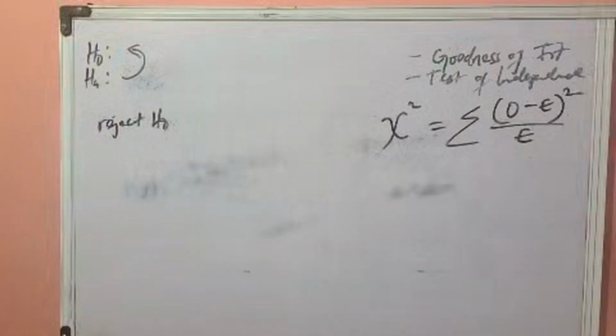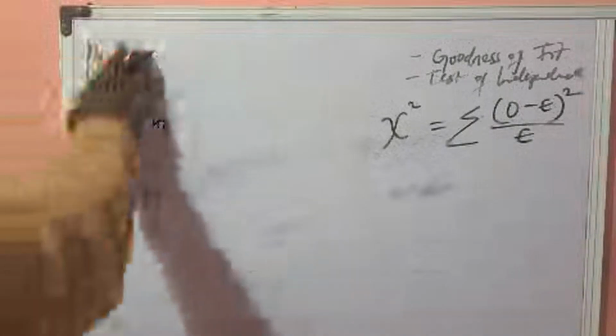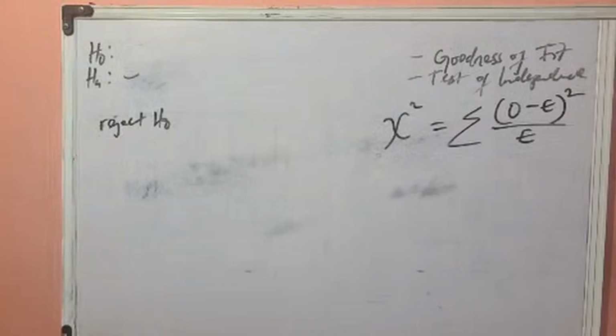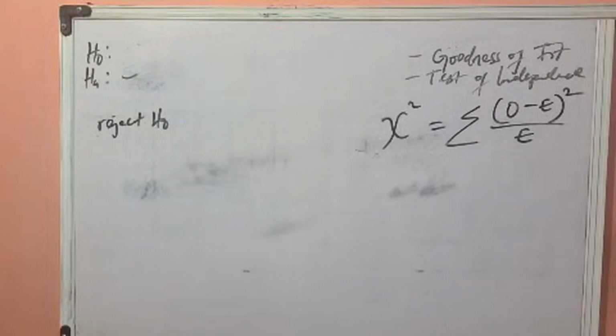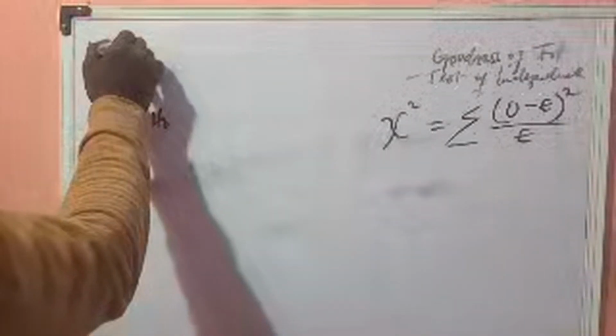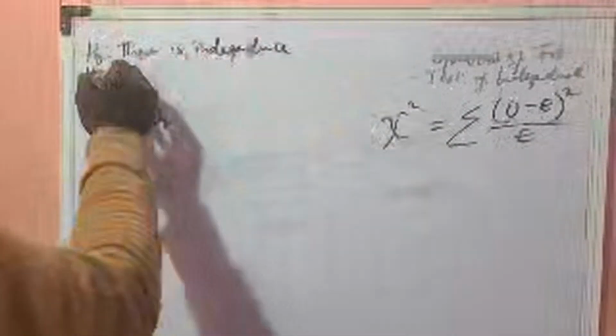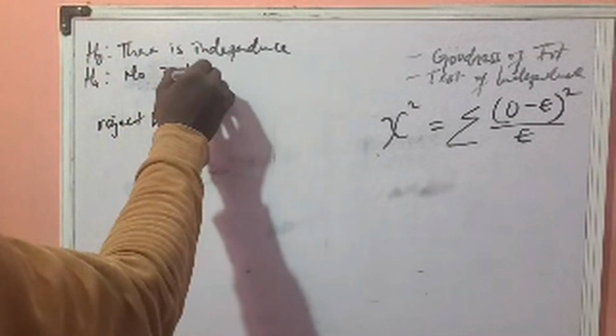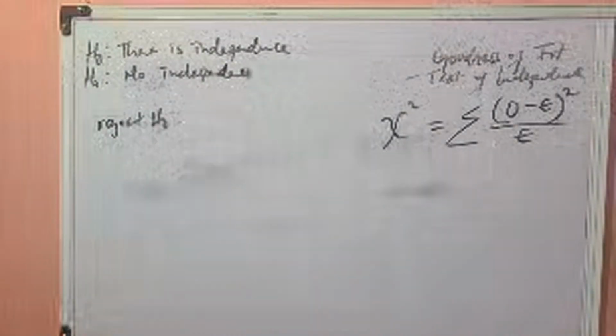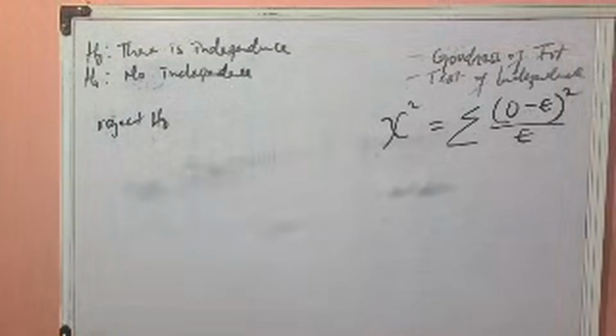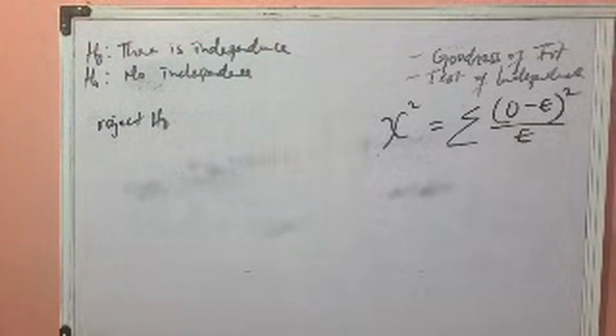So your H0 says there is independence. Your HA, your alternative hypothesis, will say there's no independence. That must be the context.